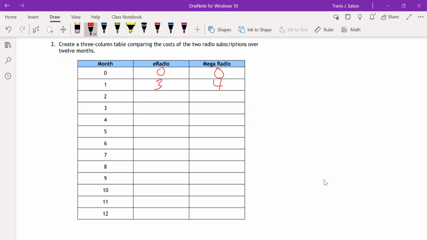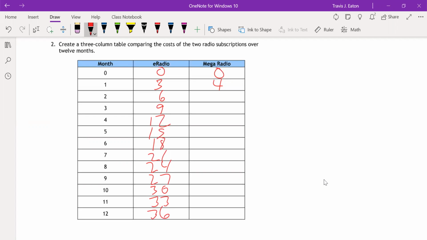2 months of e-radio is 6, because it has a constant rate of change, that slope, that rate of change is 3. So for every month it goes up by $3. So 9, 12, 15, 18, 21, 24, 27, 30, 33, 36.